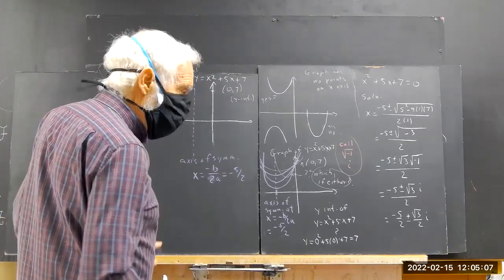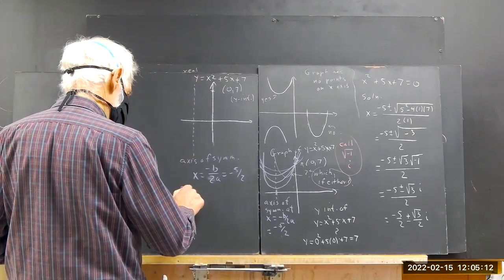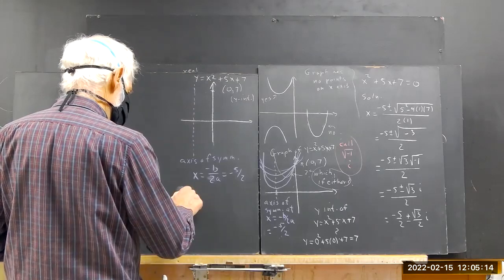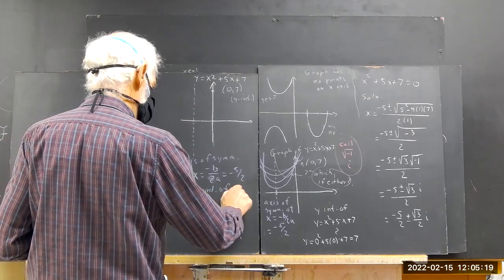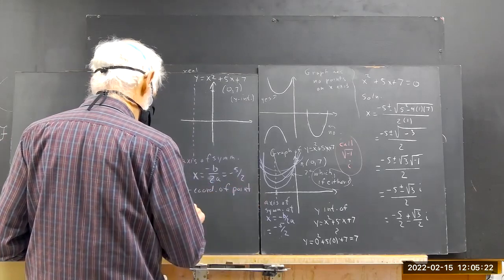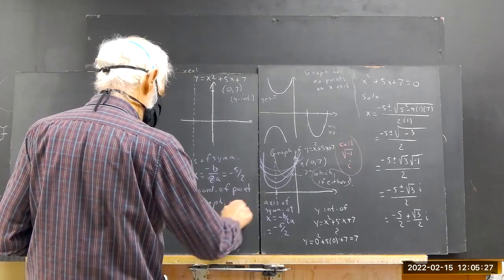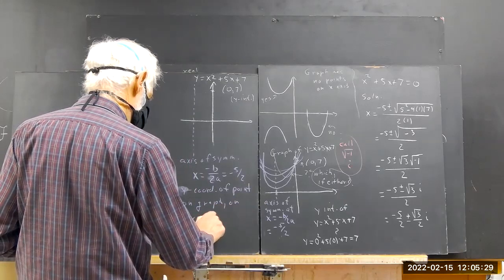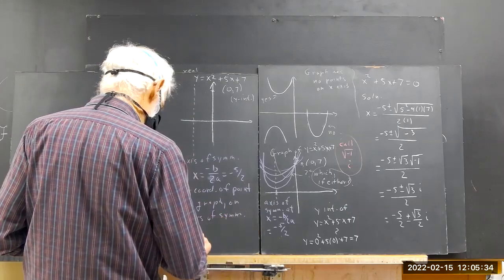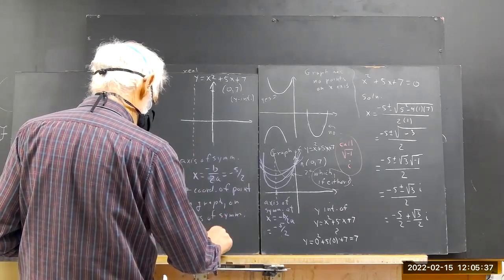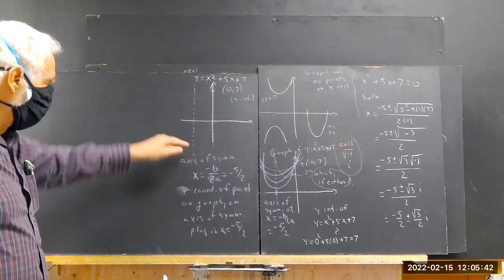So we have a point on the axis of symmetry. So the x coordinate is negative 5 halves.